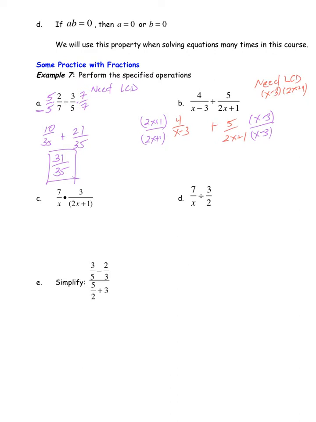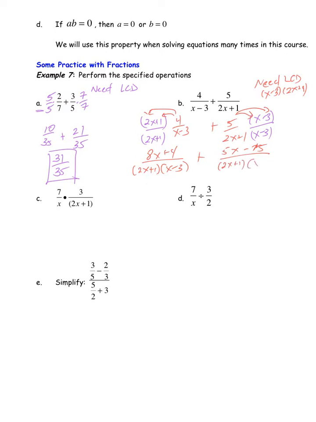So I'm going to distribute the 4 here to both 2x and 1. So I'm going to get 8x plus 4 over this denominator, 2x plus 1 times x minus 3, plus the second fraction, distributing the 5 to the quantities x and minus 3, we'll get 5x minus 15 all over this common denominator.